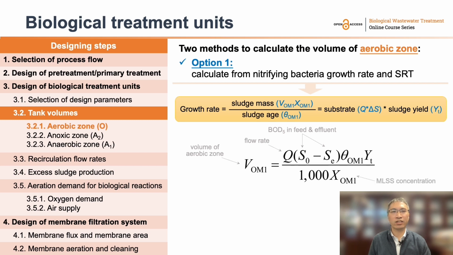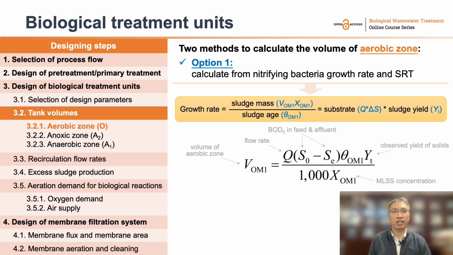X is the sludge concentration in the aerobic zone, which is regarded as the weighted average MLSS concentrations of the aerobic and membrane tanks. The MLSS concentration of MBR is much higher than that of CAS process because of the complete rejection of MLSS by the membrane and the longer SRT of MBR.